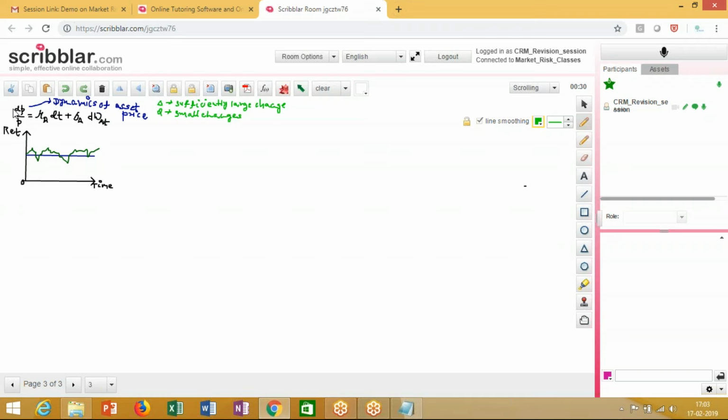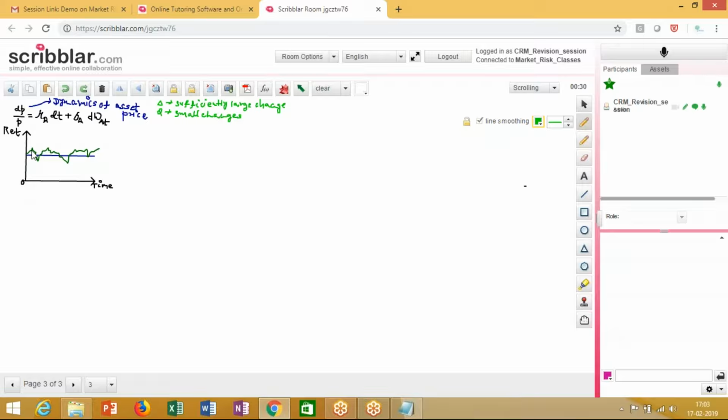But the variance, the volatility, cannot be constant. That is random, right? So I need an element along with it to ensure that volatility is not constant but moves in a Brownian fashion.